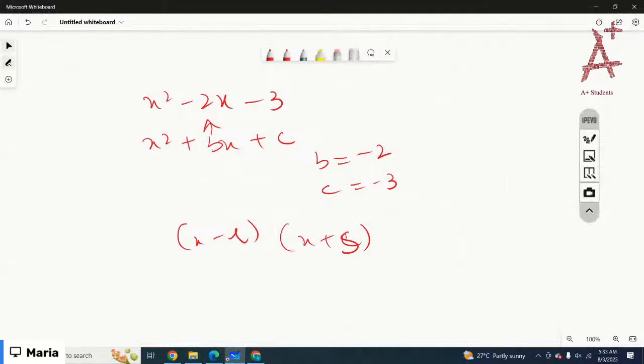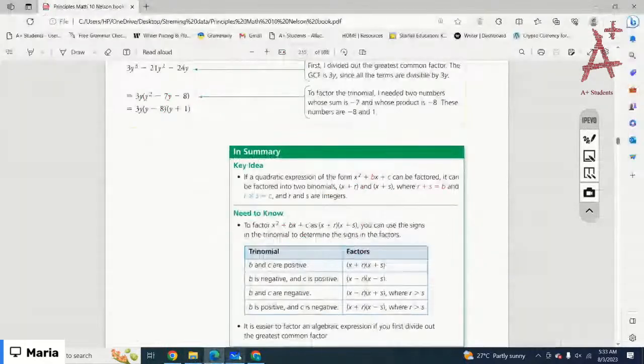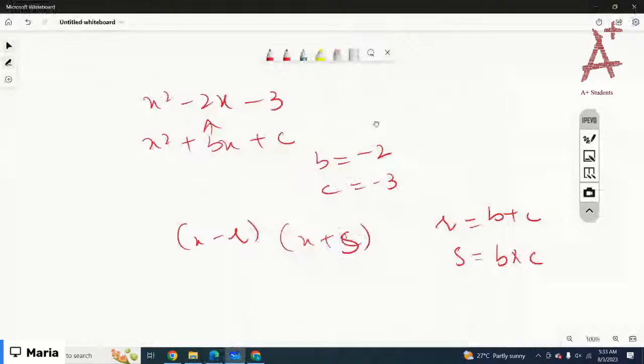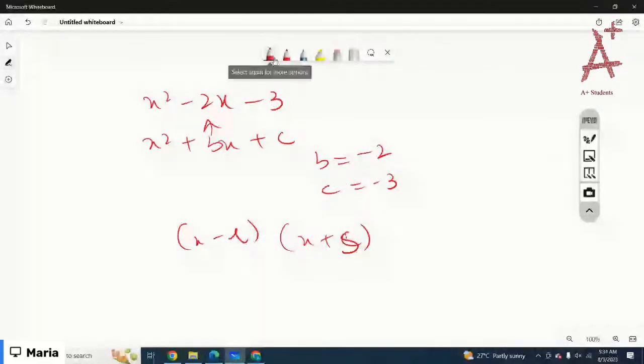Sorry, r plus s equals b, and r times s equals c, which is negative 3.